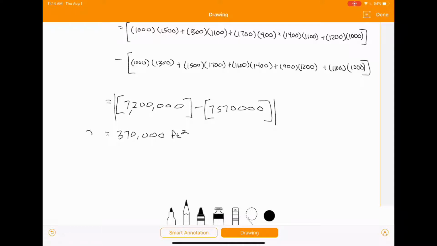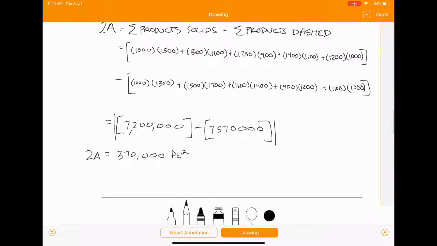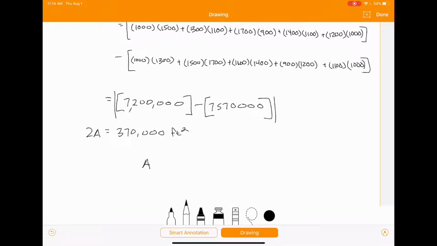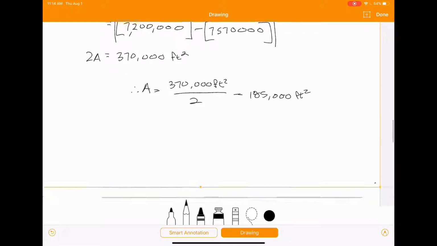And again, that is equal to 2A. And so to get A, you just divide that by 2. So you'll be left with 185,000 feet squared. And again, we're going to want to get that into acres.